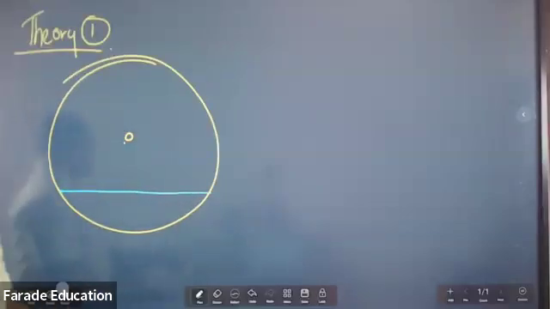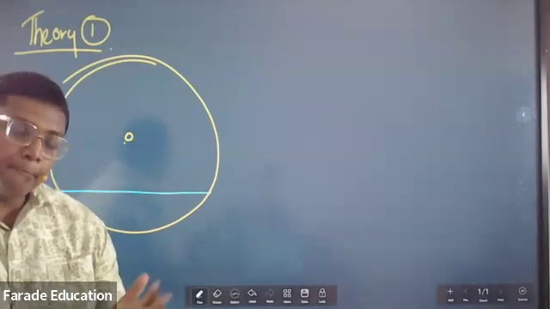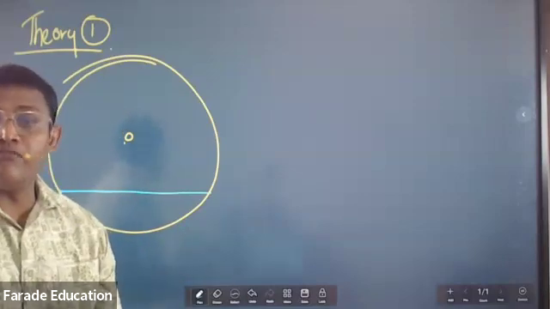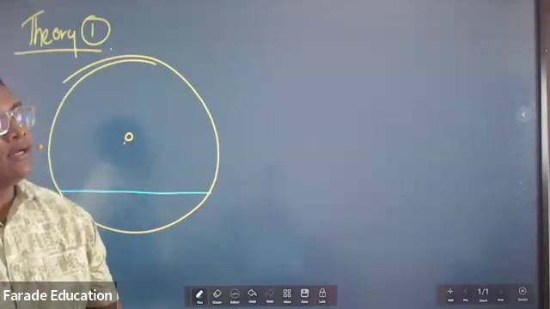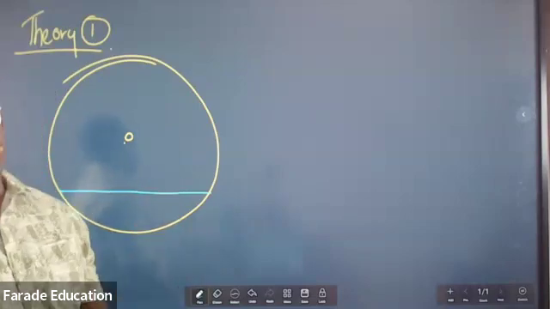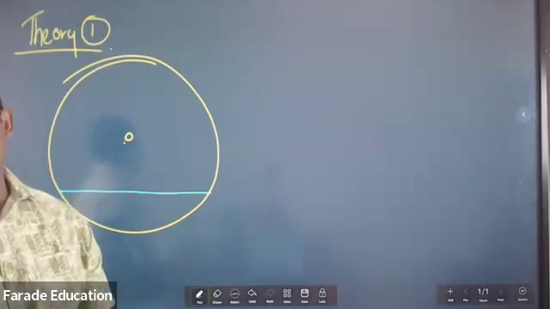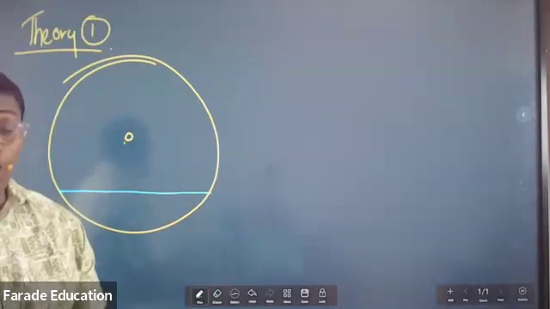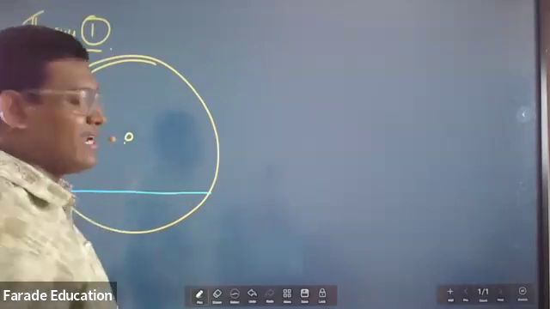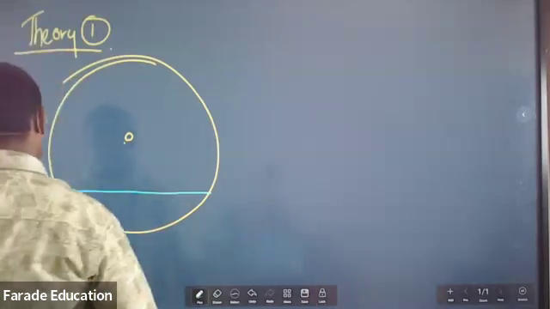A chord means what? Any line which touches the circumference of a circle. You have numerous chords. The longest chord is the diameter. The longest chord is the chord that goes through the center, which we call the diameter.